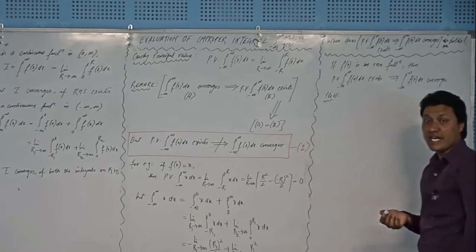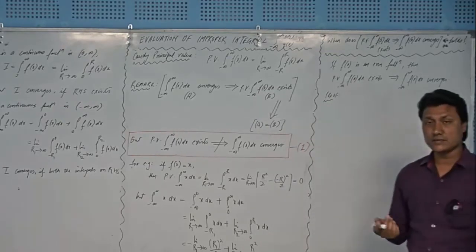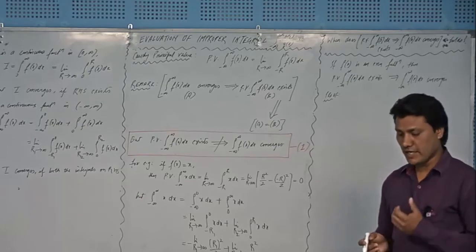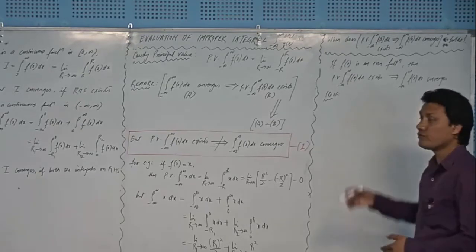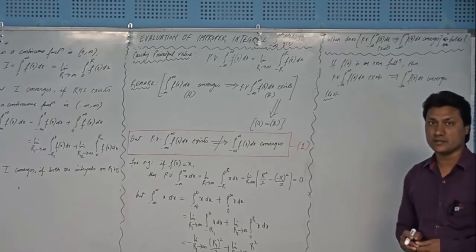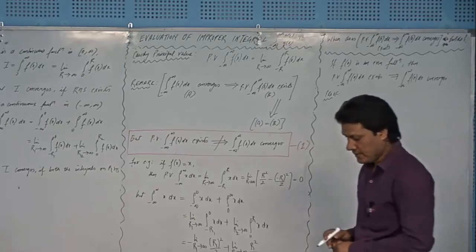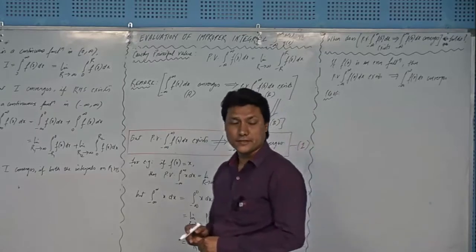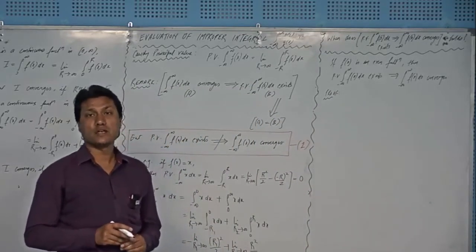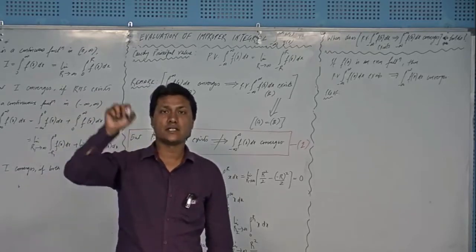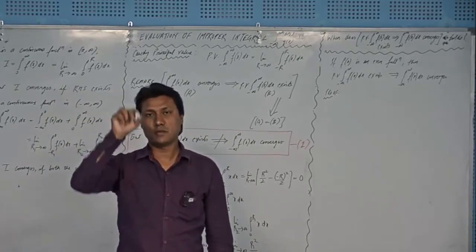Since we are claiming that f is an even function, it means that f of minus x will be equal to f(x), and the graph of f(x) will be symmetrical about the y-axis. You can think of any even function, like y equal to f(x) equal to x square, and if you plot its graph, it will be a parabola looking like this. And you can see that the graph is symmetrical about the y-axis.